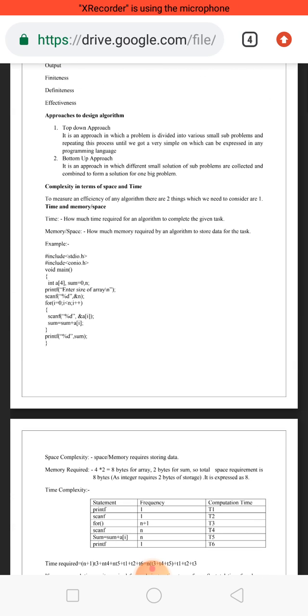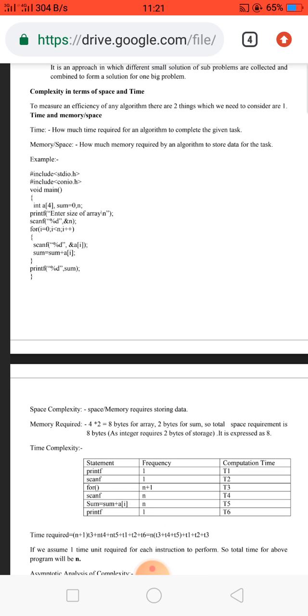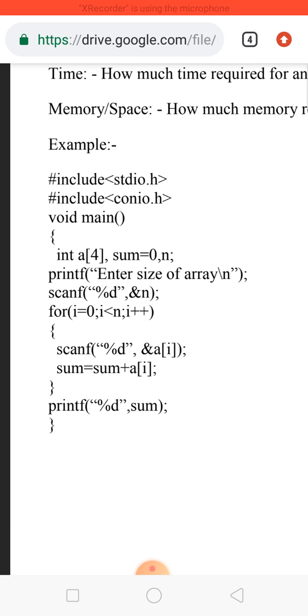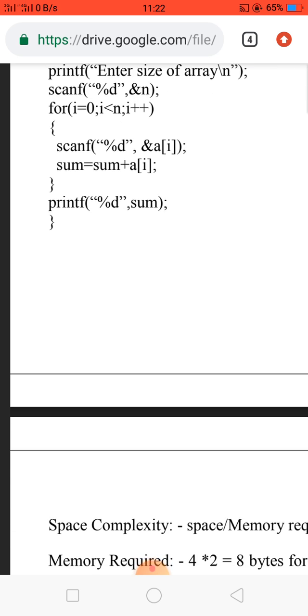The next is time complexity: how much time is required. As you can see, in this simple program there is one for loop which iterates from i equal to 0 to n minus 1, and it comes out of the loop when i equals n. 0 to n minus 1 means n times, and the loop check runs n plus 1 times.